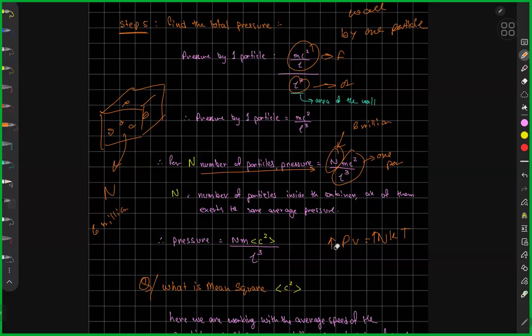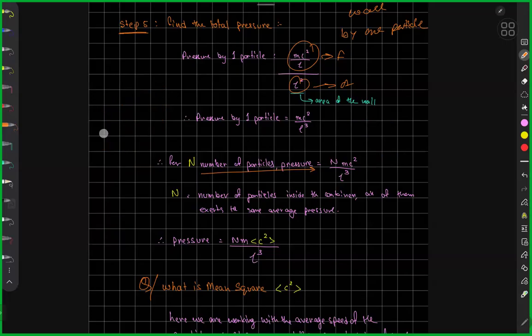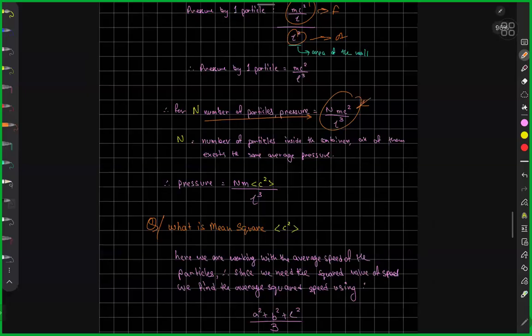Exactly. So I simply multiply this pressure of one particle with the n number of particles because I now included in my box 6 billion particles. So that is my number of particles. So this is the total force on one of the walls due to n number of particles. Clear? Great.